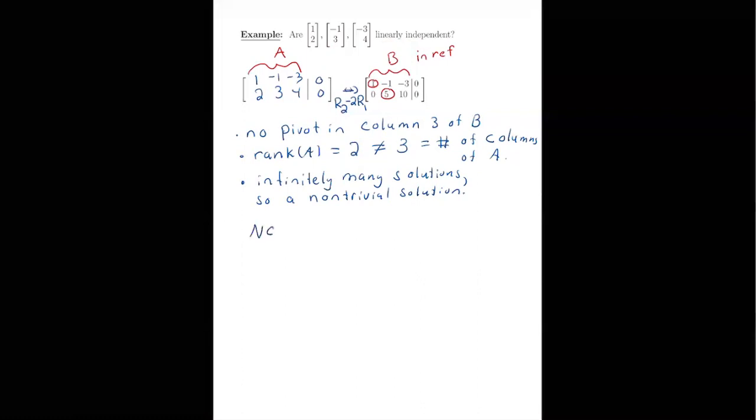And the answer is no. The vectors 1, 2, -3, -1, 3, and -3, 4 are not linearly independent. They are linearly dependent.